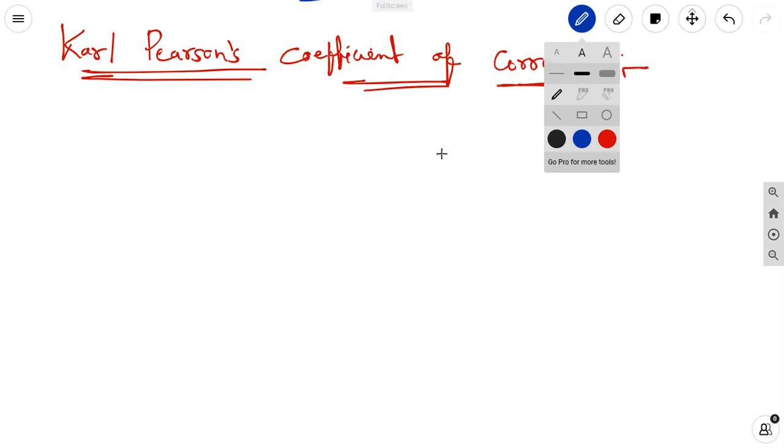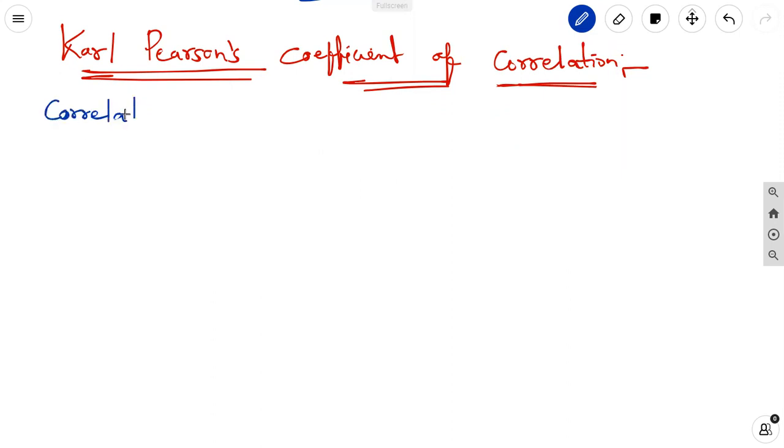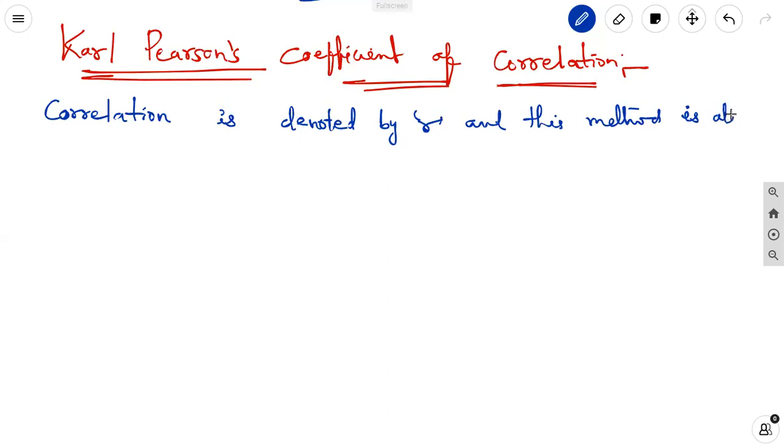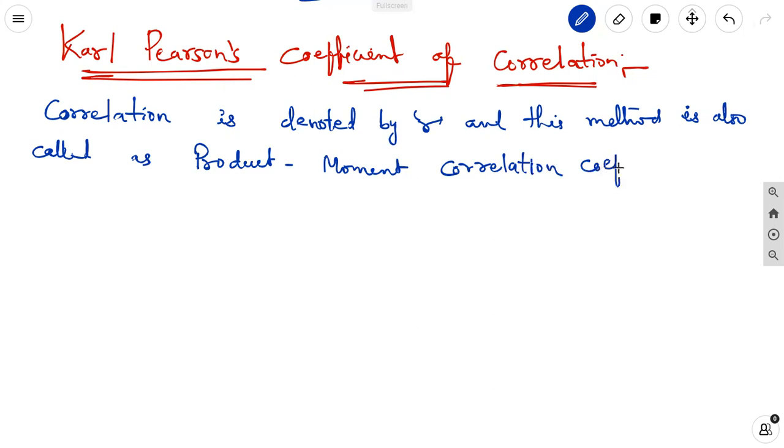This method is widely used, and it is also called the product moment correlation coefficient.